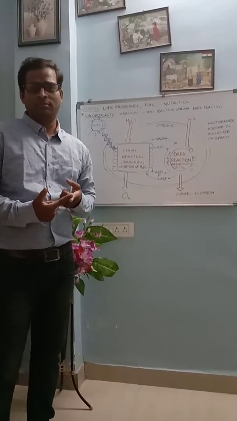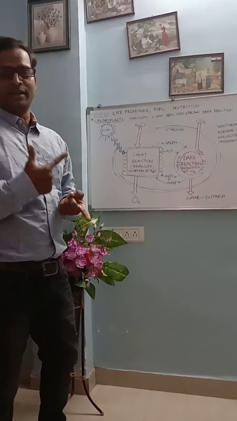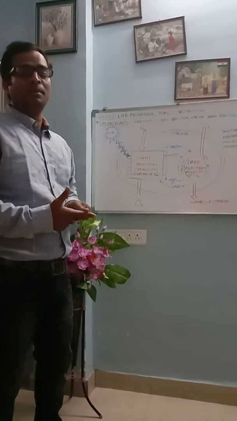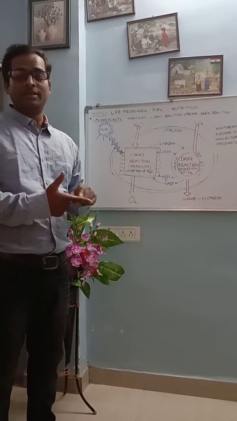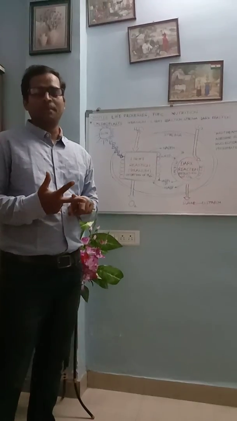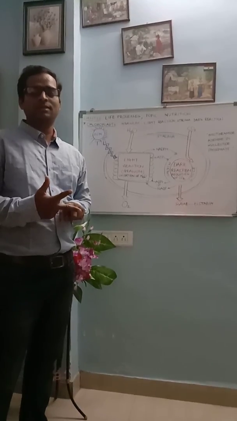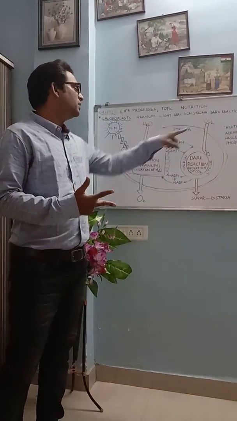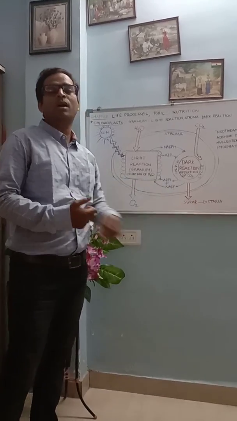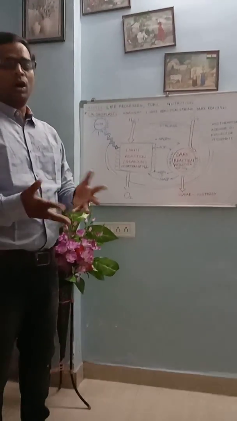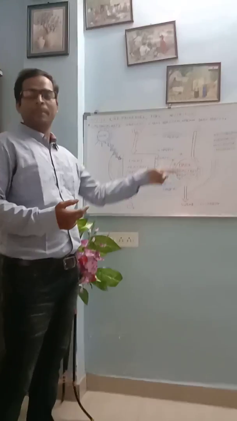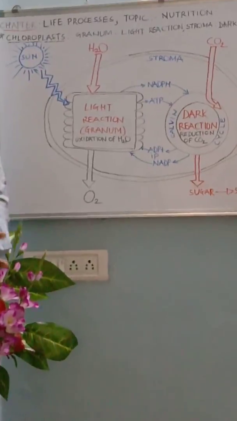Second step involved is conversion of this light energy into chemical energy, and chemical energy is nothing but ATP, that is adenosine triphosphate. And third step involved in photosynthesis is reduction of carbon dioxide into sugar or carbohydrates. Now how this process occurs, we have a brief view or a diagrammatic representation of the same in order to understand the concept.